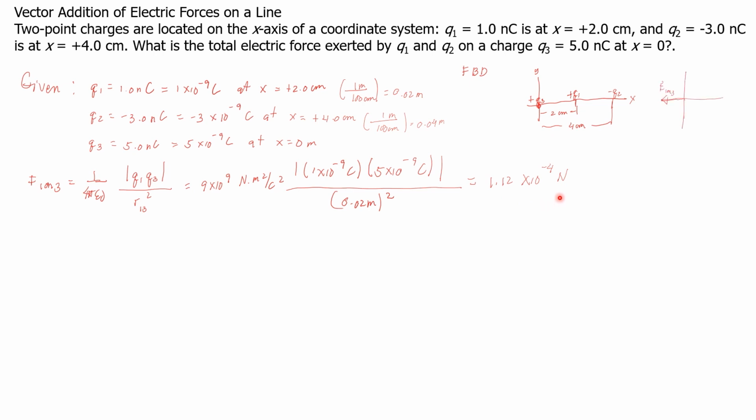Since this is only the magnitude, we need to know the direction of the force. We have positive Q3 and positive Q1, meaning they will repel. So the force that Q1 exerts on Q3 is going in the negative direction.